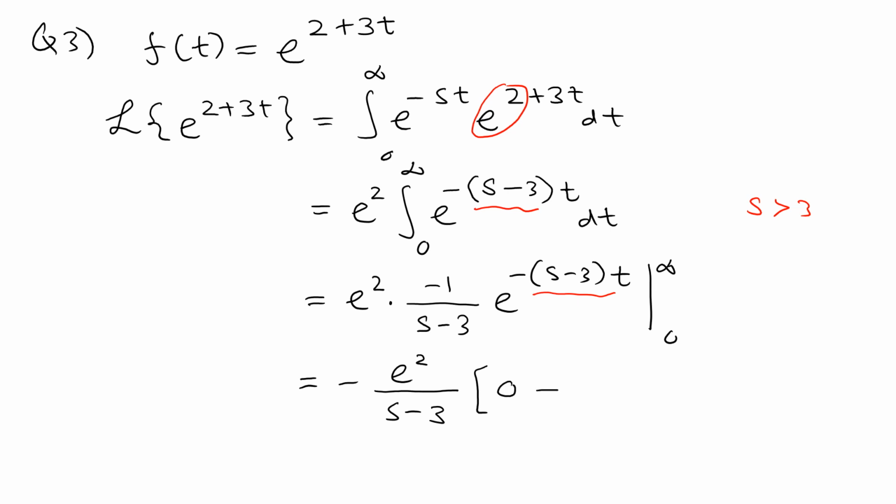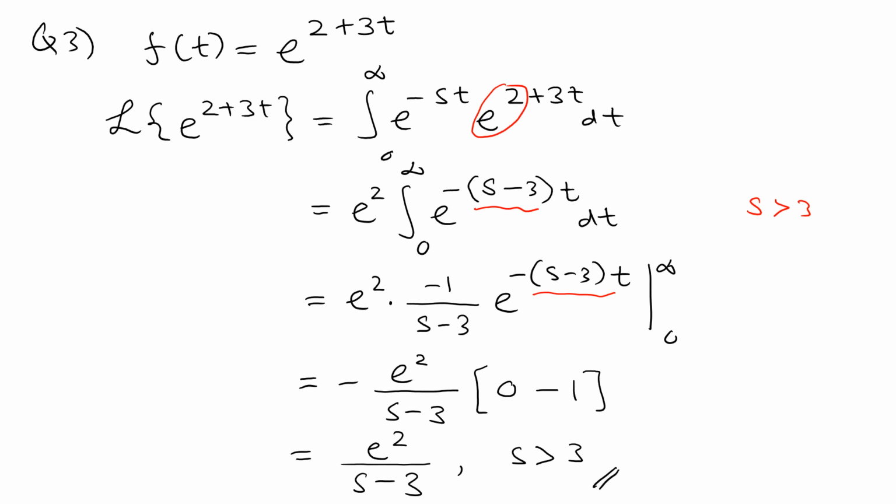And when you put 0, this exponential term goes to 1. When you multiply through, you get e squared over s - 3 as the answer under the assumption that s is greater than 3. That's the solution for that.